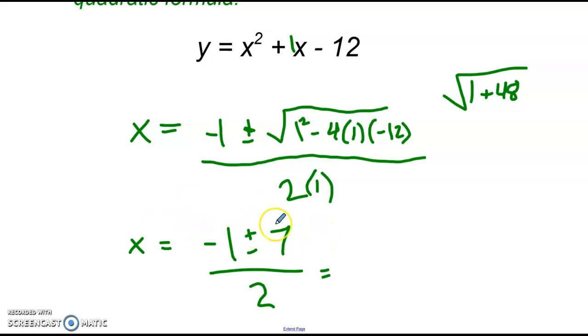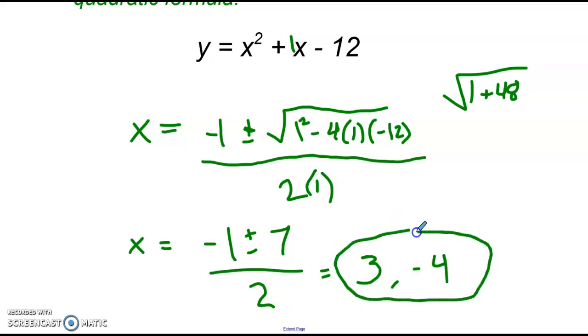Well, -1 plus 7 is 6. 6 divided by 2 is 3. So one of our solutions is 3. And then I have -1 minus 7, which is -8. -8 divided by 2 is -4. So our answers, once again, using the quadratic formula, are 3 and -4.